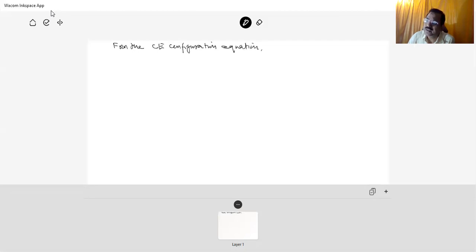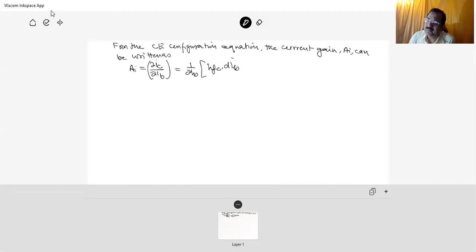In the CE configuration, the current gain AI can be written as AI is equal to delta IC upon delta IB. And delta IC is HFE delta IB plus HOE into delta VCE.